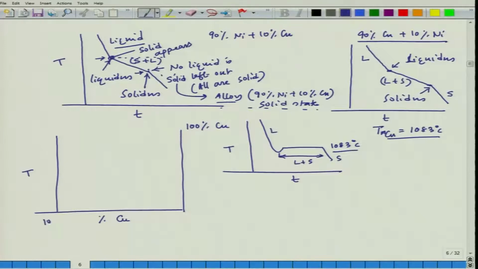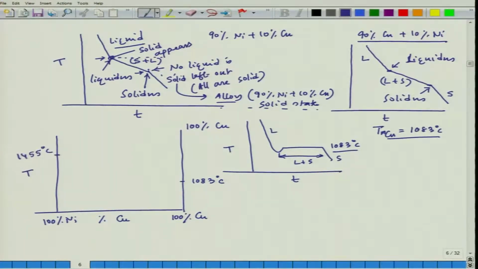So, here 100% nickel and here 100% copper. Since in the case of pure copper and nickel we get a single temperature where all the liquid converts into solid, for copper we can point out it is 1083 degrees Celsius and here it is 1455 degrees Celsius, the pure nickel melting point and the pure copper melting point.